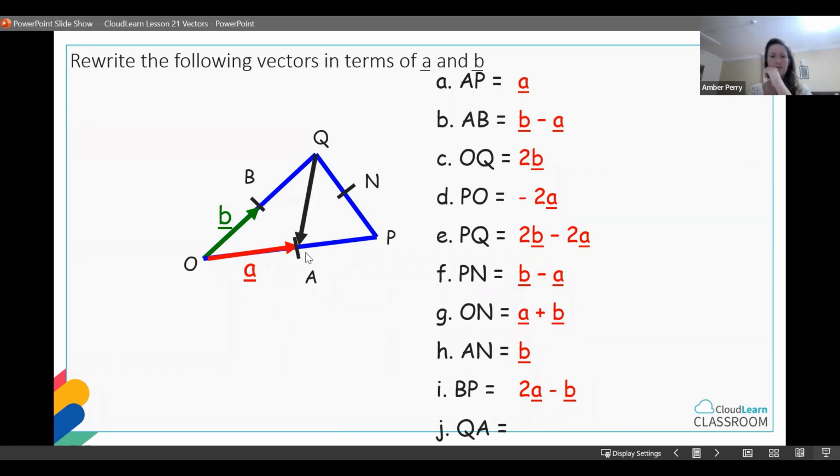QA then is going to be QP plus PA. I think, yes, you got it right. Well done, brilliant. So QP then is going to be 2B minus 2A, but in reverse. So that's actually going to be 2A and minus 2B, isn't it? And then PA is going to be A, but in reverse, so that's minus A. So 2A minus A is A, and then minus 2B.